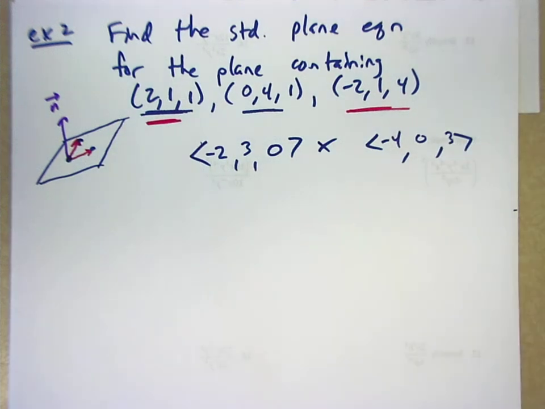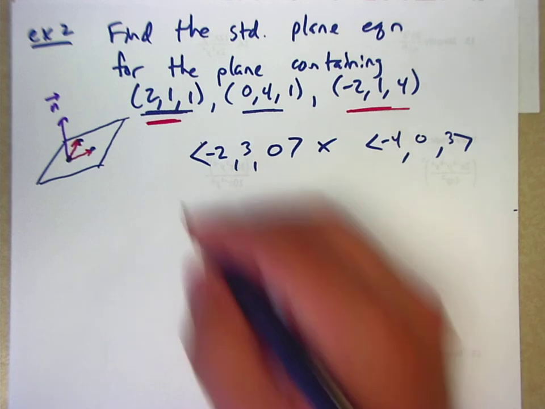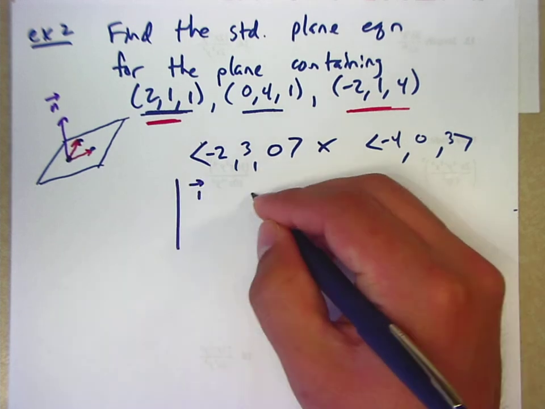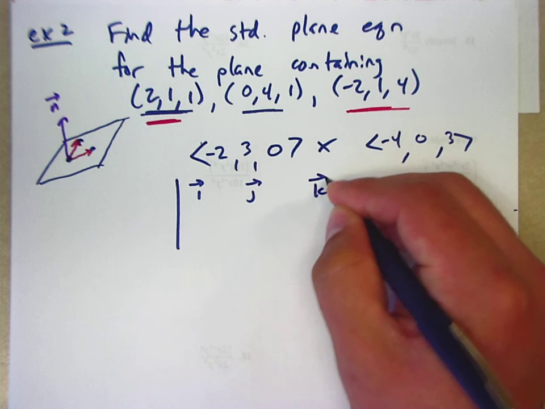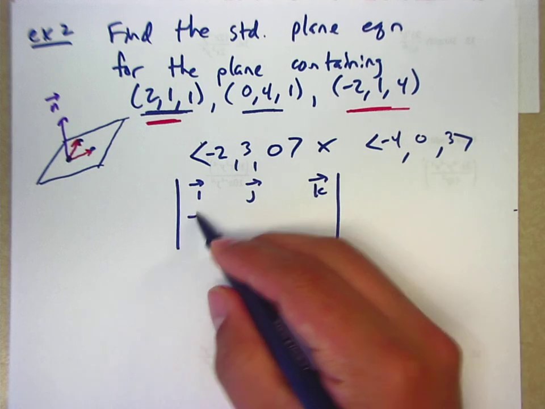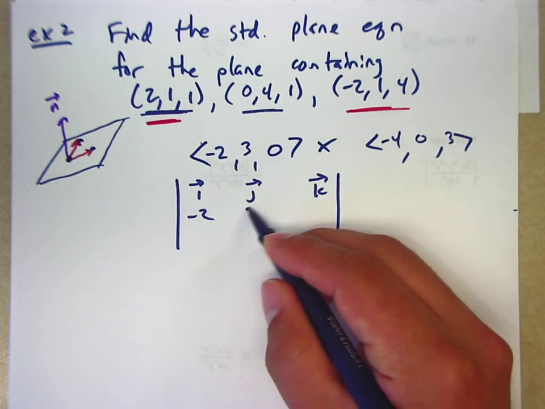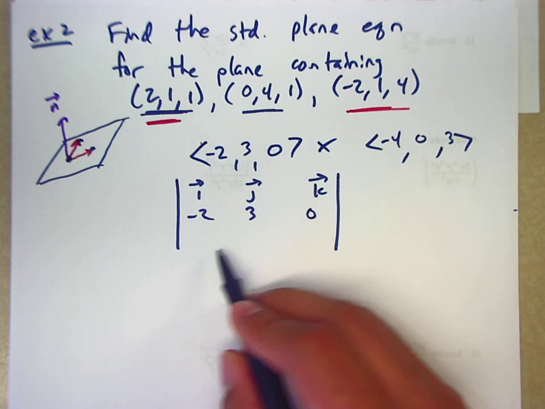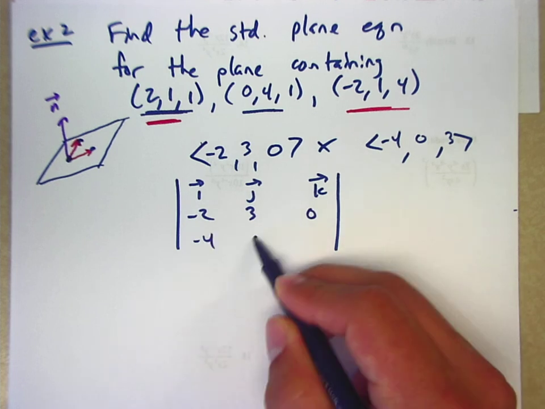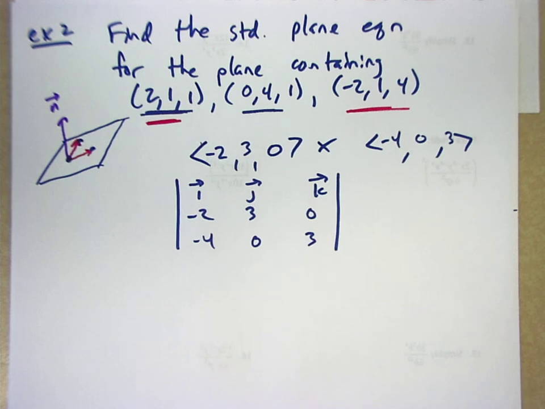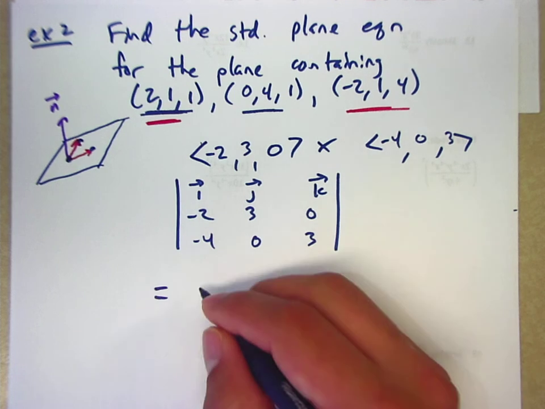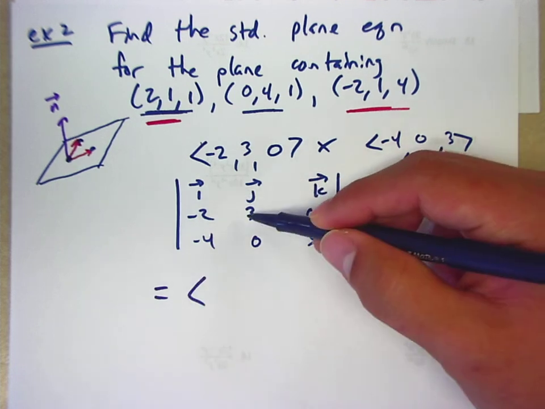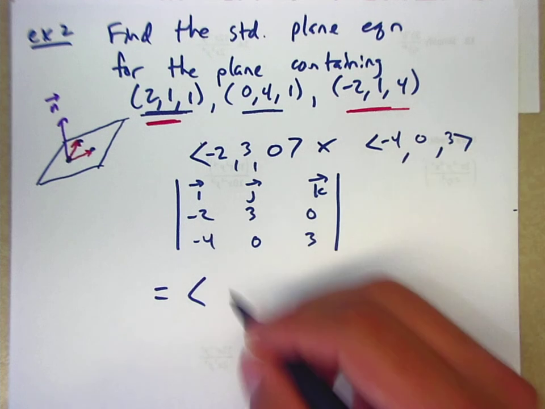Okay? And so now if I take the cross product, set that up as we discussed earlier as a determinant. And let's go ahead and find that out. So what's that going to be? So the I component is just going to be 9 minus 0, so 9.